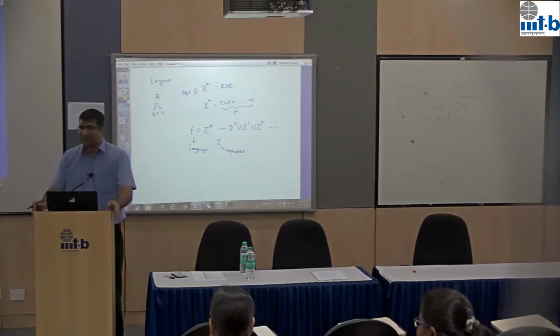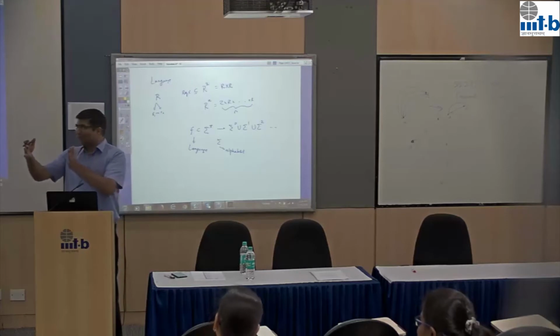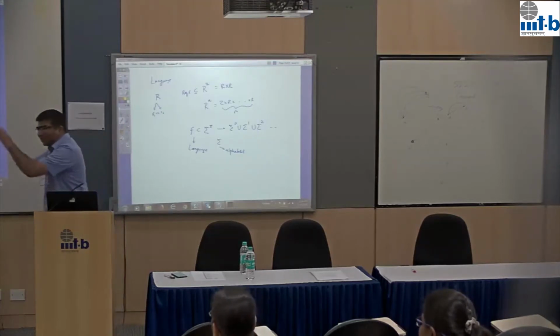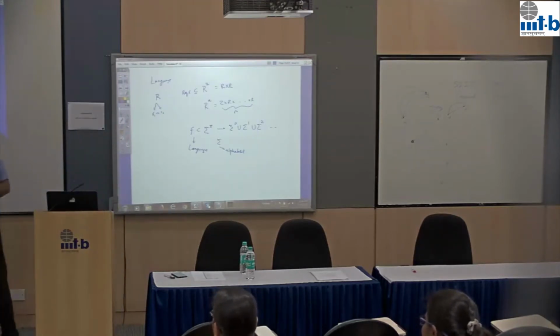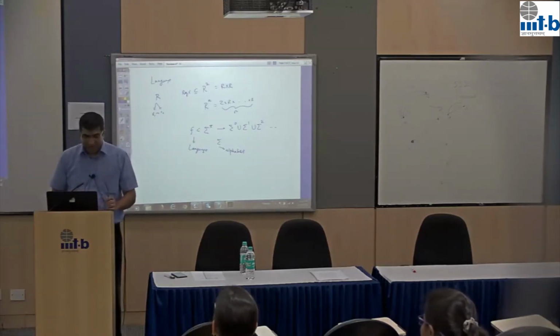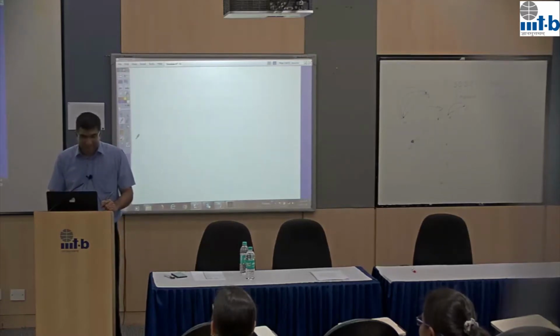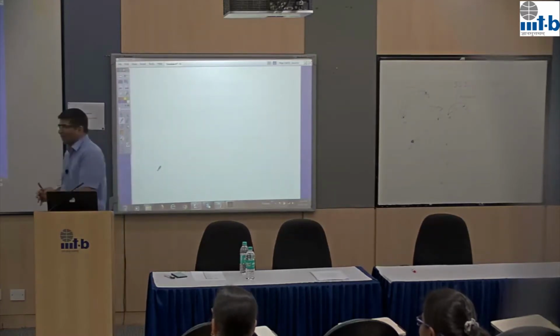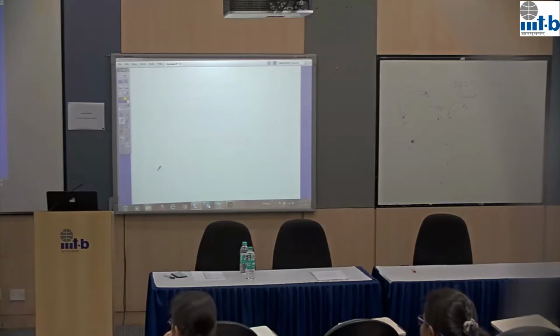There are 3 big volumes, each volume is this big, and he actually tried to do everything with set theory. Russell was a big believer in universal set theory, that we can reduce everything to set theory. But let us try and find some issues with it.